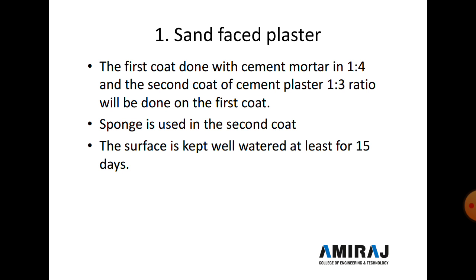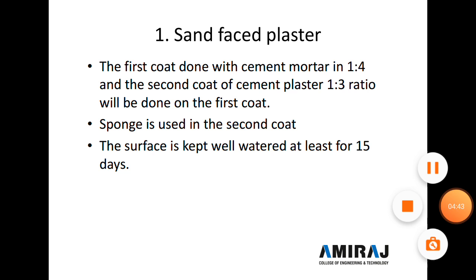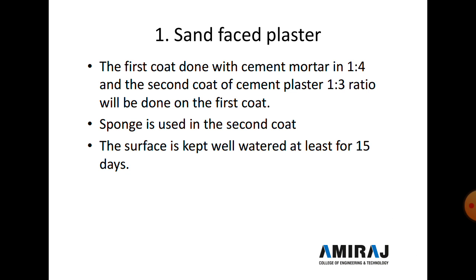Now we start with the first, sand face plaster. So what is sand face plaster? The first coat of sand face cement plaster is done with cement mortar of ratio 1:4, with a coat of sand, and after curing the plaster for 7 days, a second coat of cement plaster is applied with a ratio of 1:3.